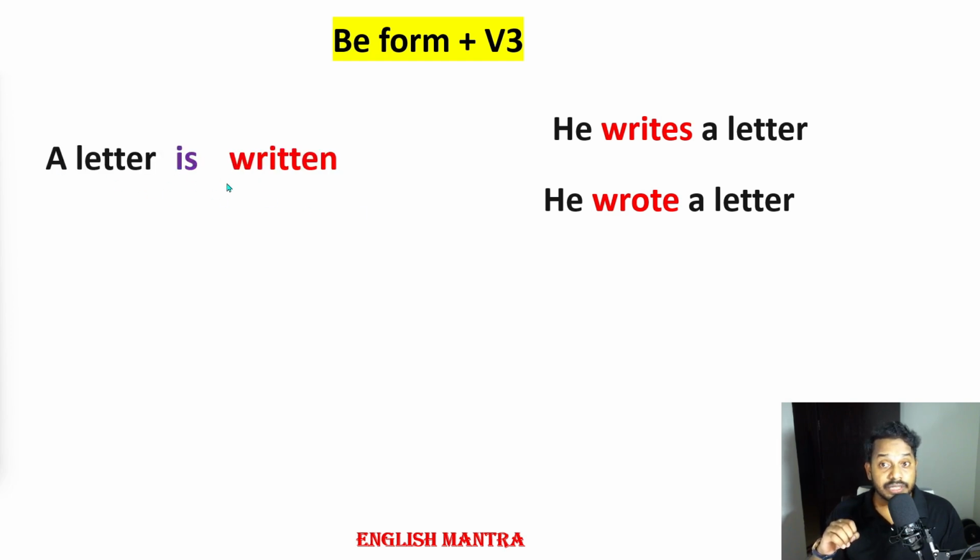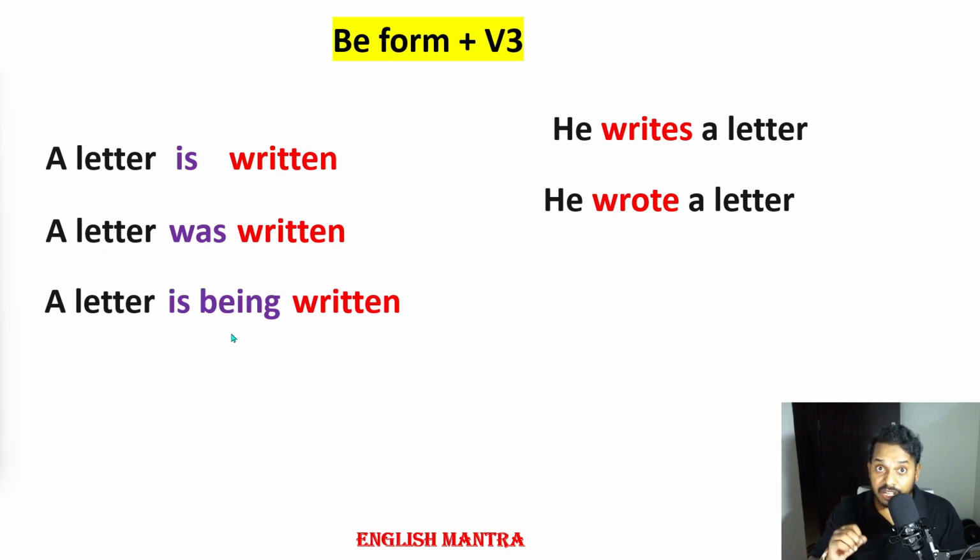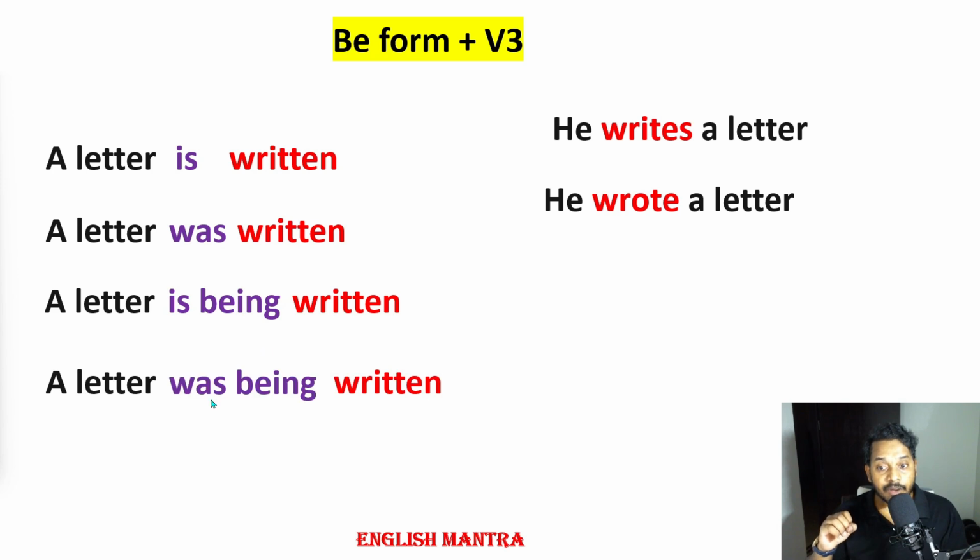So this sentence is in simple present tense. If I use any past be form, then it becomes simple past tense. A letter was written. If I use any continuous be form, present continuous be form, then it becomes a letter is being written. Now this is present continuous tense in passive voice. What about past continuous tense? A letter was being written.